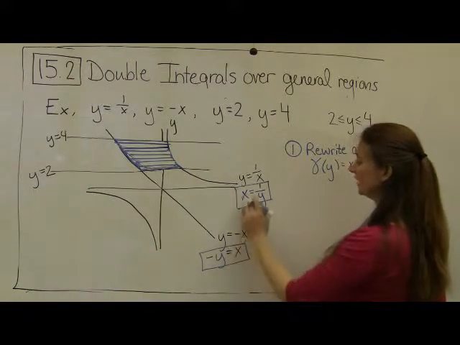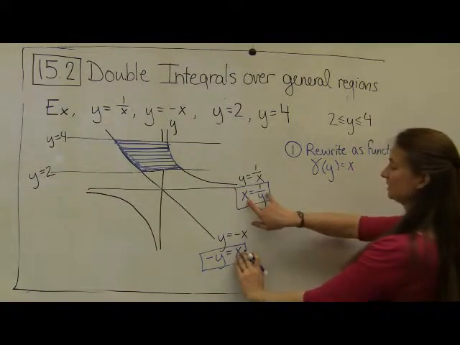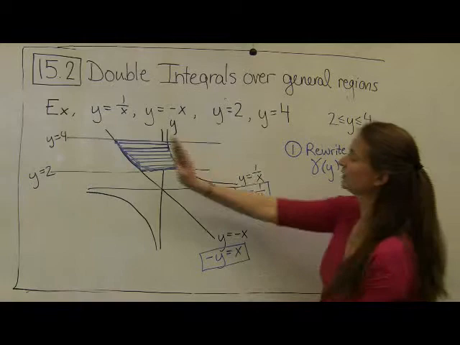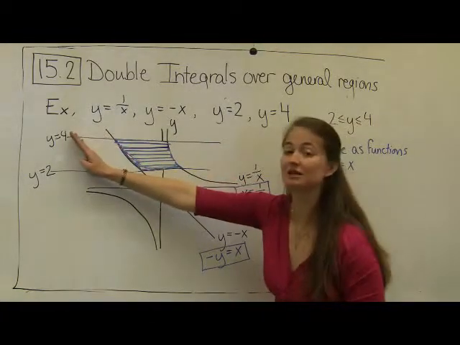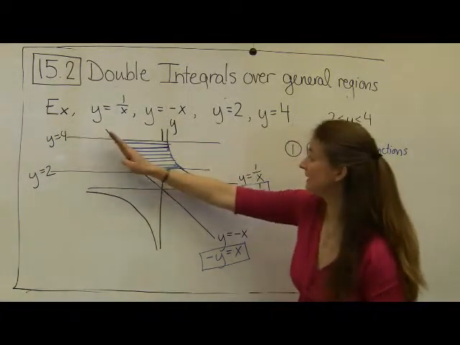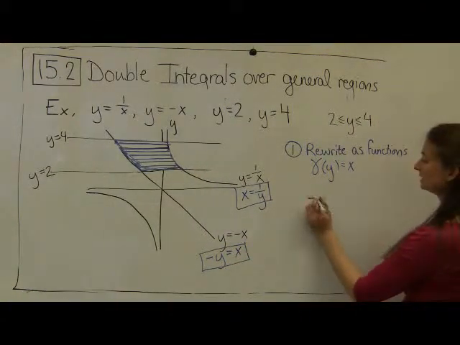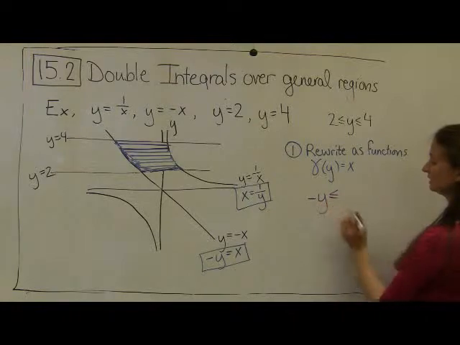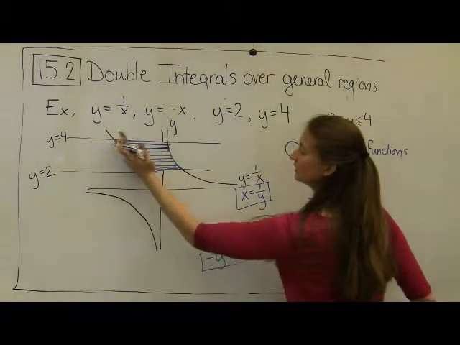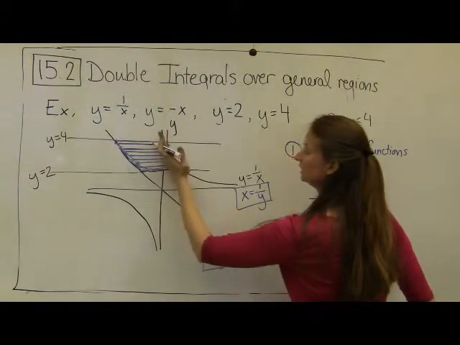So now that I've solved for x, I need to know what are the bounds on x in this case. The left-hand side is the one that's more negative, so it's the one that's lower. And in this case, the lower function is the function negative y. So negative y is always going to be less than or equal to my x values, because my x values are somewhere in here.